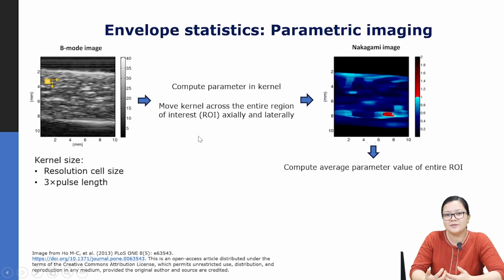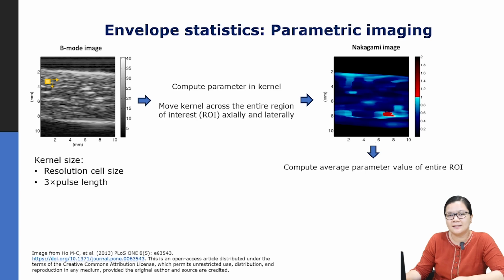And to be able to estimate a value that corresponds to the tissue structure, one usually creates a parametric image. So each distribution has several parameters that can model the spatial distribution of the scatterers as well as the number of scatterers. So here's just an example for a Nakagami image where you first start with a B-mode image and select a kernel of a particular size.